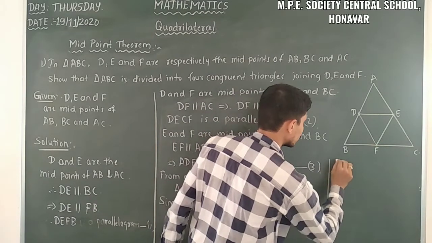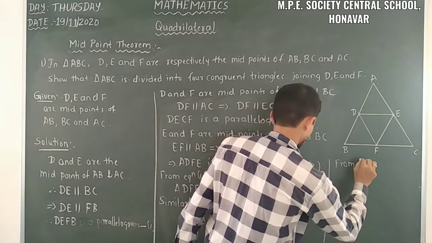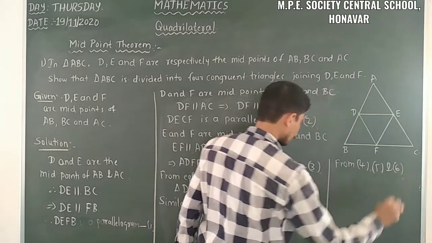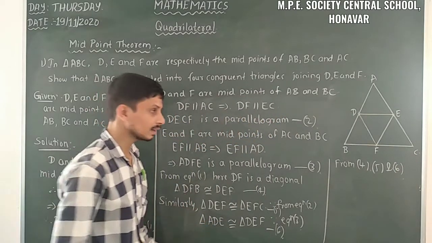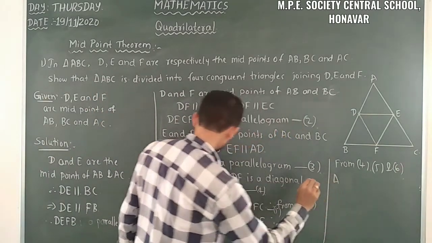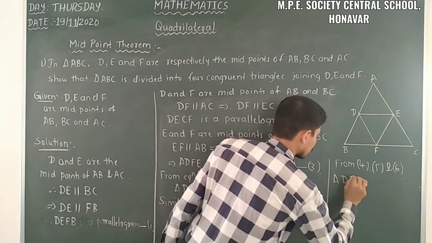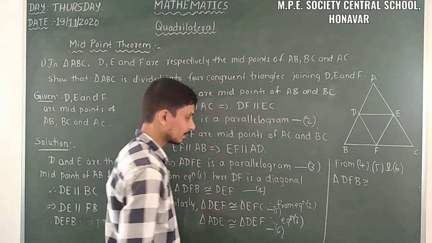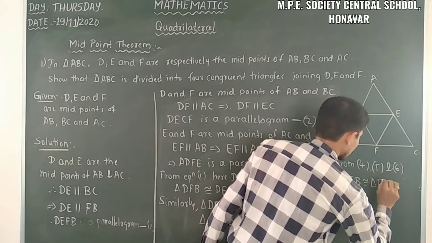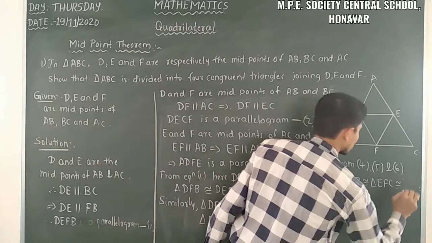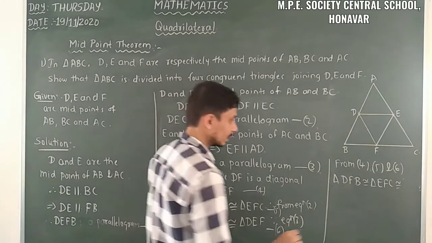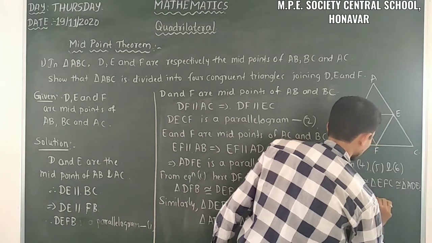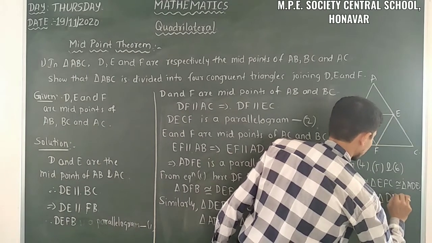So from equations 4, 5 and 6, we can come to the conclusion that triangle DFB is congruent to triangle EFC, is congruent to triangle ADE, is congruent to triangle DEF.